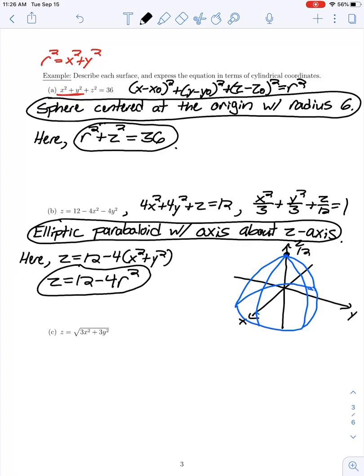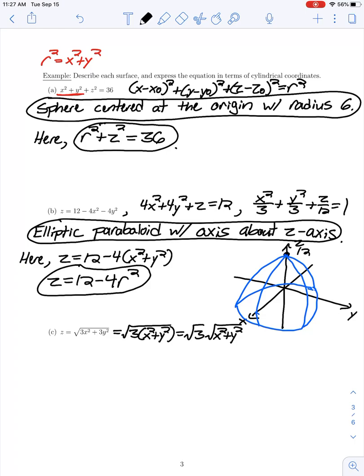So in our last part, part C, we have z is equal to the square root of 3x squared plus 3y squared. If we were to factor out a 3 from each of those terms, we have the root of 3 times x squared plus y squared, which is the same as root 3 times the square root of x squared plus y squared.